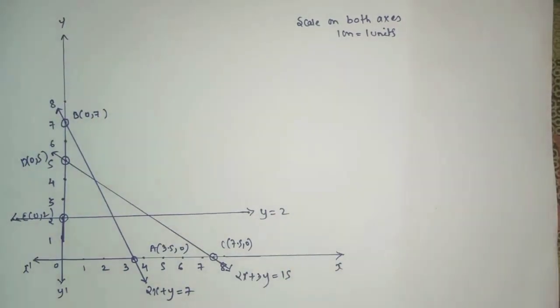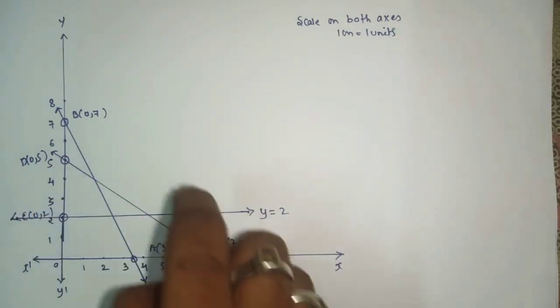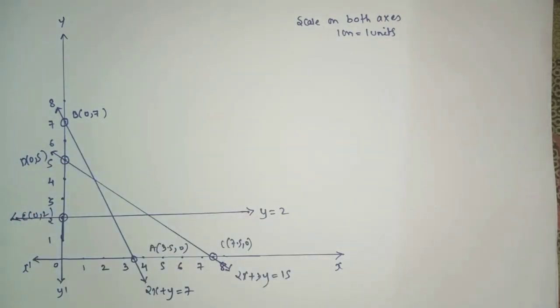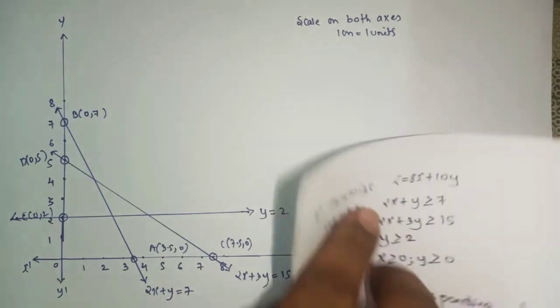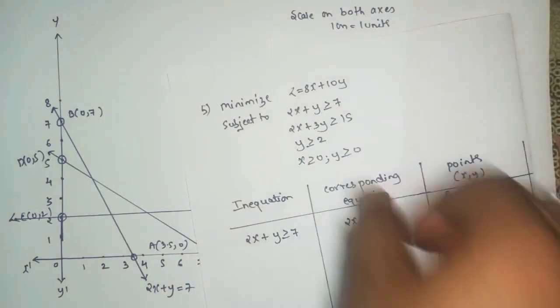So here the next part is to show the feasible region. As here we have lots of partitions, 1 2 3 4 5 6 7, and we have to guess the proper feasible region where it will lie for these three linear inequations.